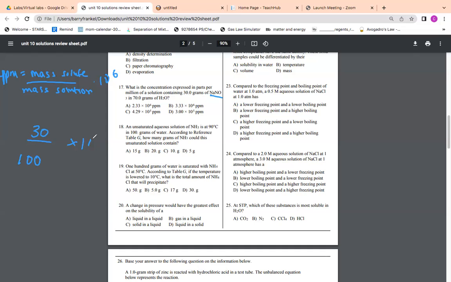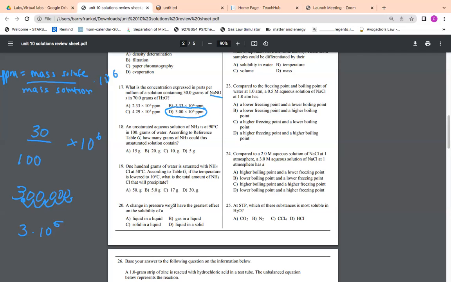And then we multiply everything by 10 to the 6th. If you do this on your calculator, you end up getting 300,000. But all of the answers are in scientific notation. Again, the way to do scientific notation, there's your imaginary decimal, move it over, 1, 2, 3, 4, and 5. So it's 3 times 10 to the 5th power. So we would want to go with, oh, my bad, choice D.